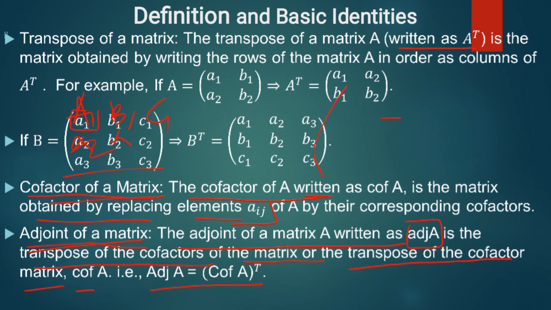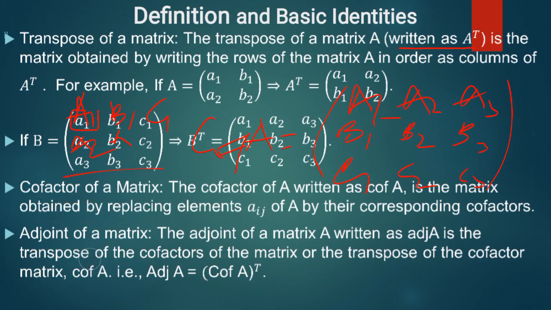When you have found A1, A2, A3, capital B1, capital B2, capital B3, capital C1, capital C2, capital C3, that will give us our cof A. Is that not so? So if you want to find the adjoint, you simply take the transpose of what you have there. That's why they said cof transpose.